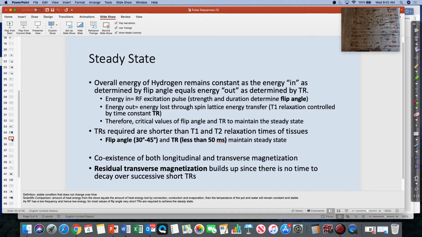Therefore, critical values of flip angle and TR are required to maintain that steady state where we have an equal amount of transverse and longitudinal magnetization. So they coexist. The only drawback is that we have this residual magnetization after each TR, and what we do with that residual magnetization will determine whether it's a coherent gradient echo, incoherent gradient echo, or reverse gradient echo.